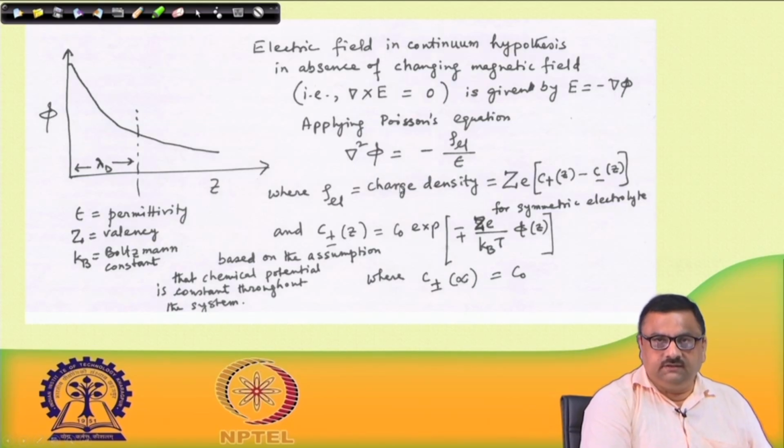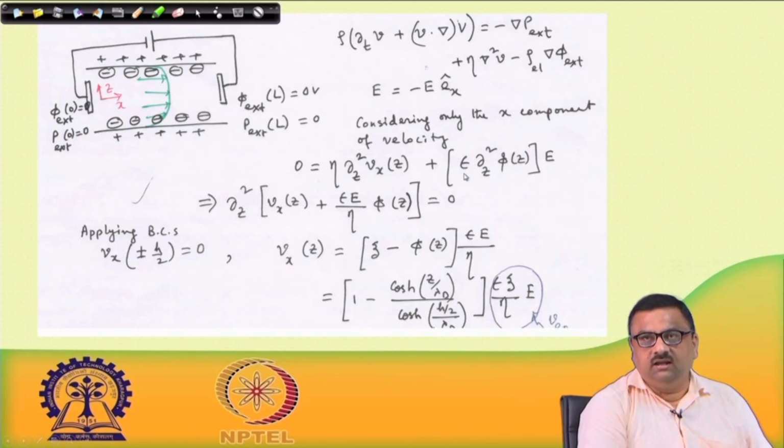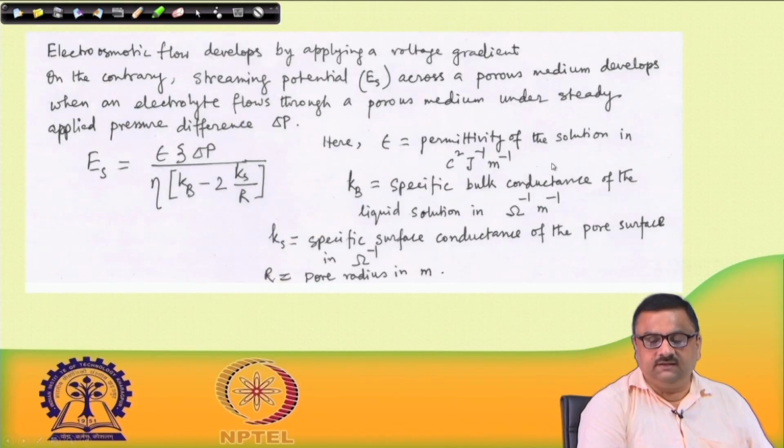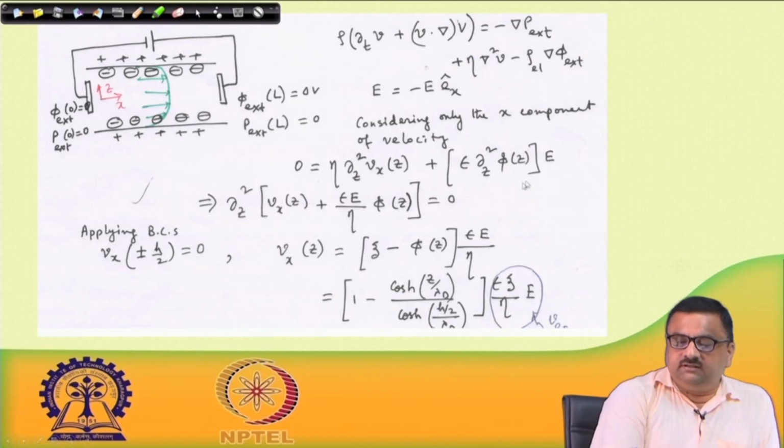So, rho El is given here as grad square phi times epsilon, from Poisson's equation, and grad of phi is here as E. This is how this equation is changed using Poisson's equation, from here to there.